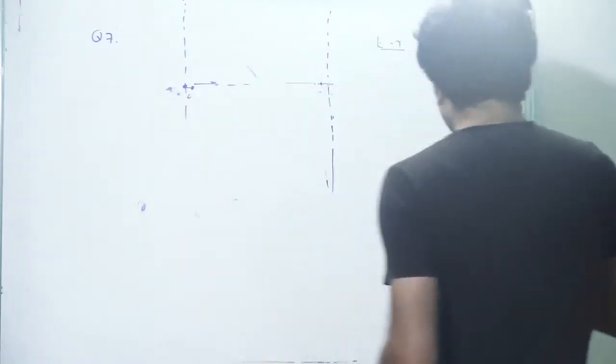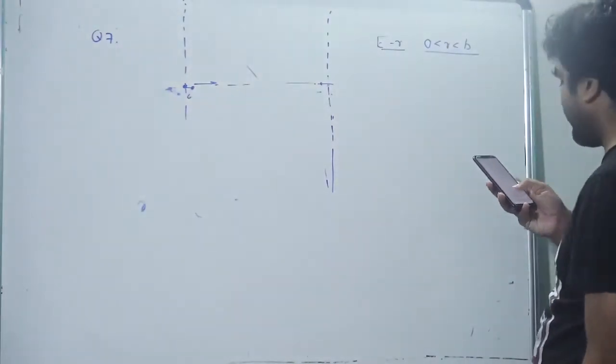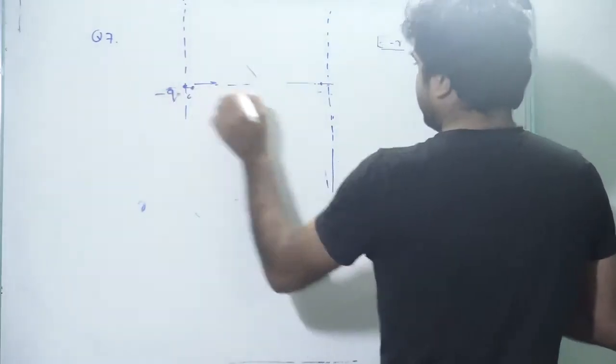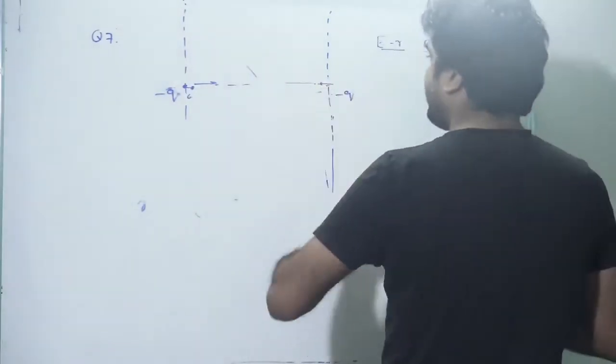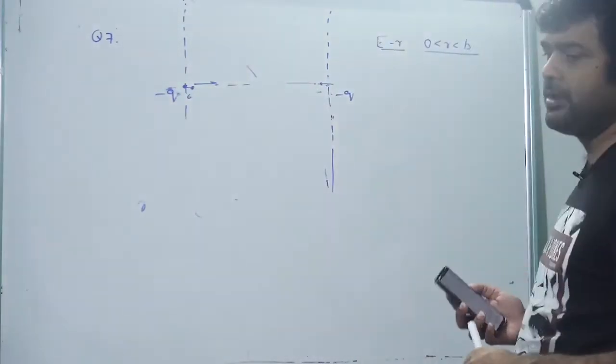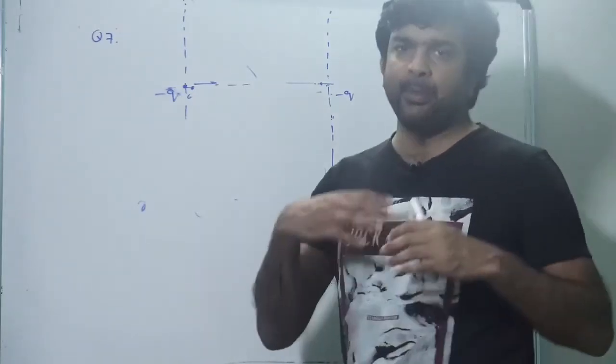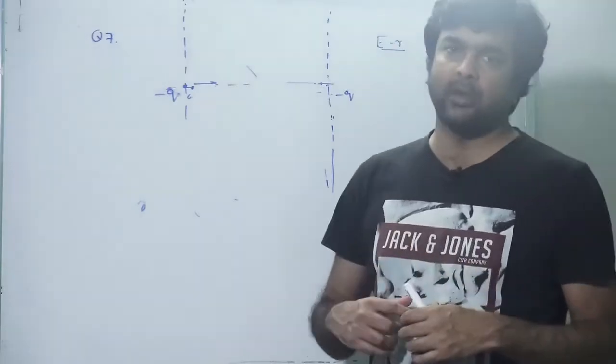Okay. The second part of the question, we have to draw the graph if both are negative. This is also negative charge, this is also negative charge, and we have to plot the nature of electric field in this case. We have to first of all assign a particular direction to be positive or negative.